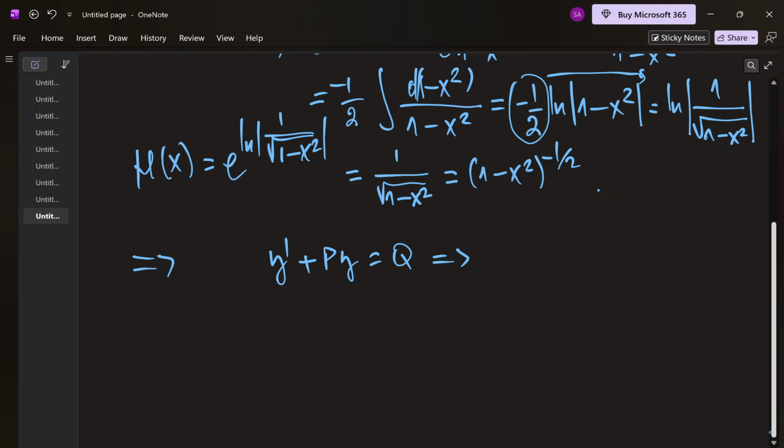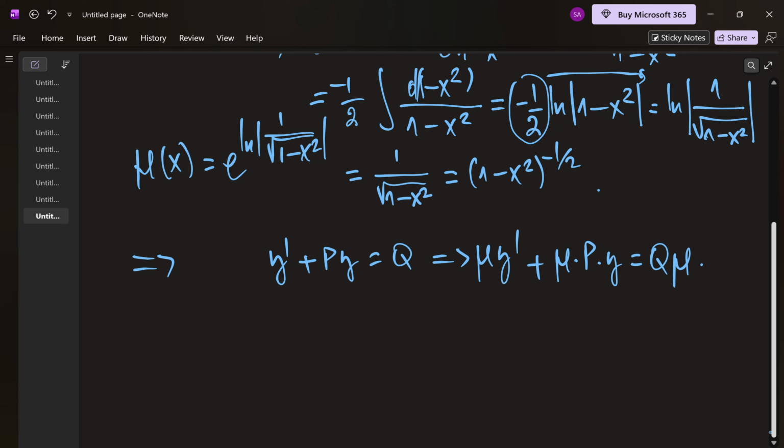When you multiply all of this by the integrating factor, it becomes u times y prime plus u times p times y equals q times u.